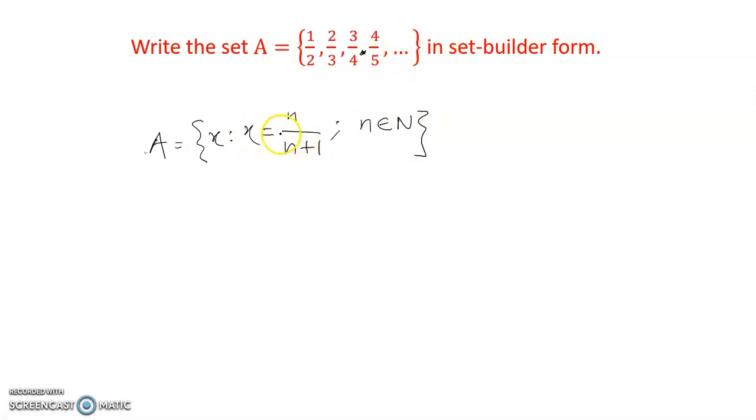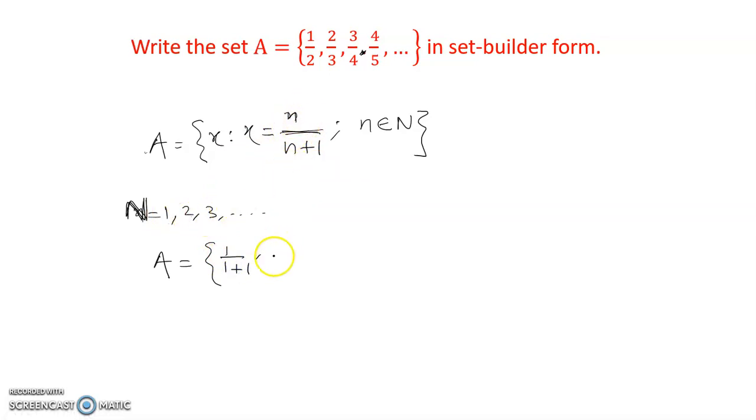You can cross check it by putting n equal to 1. So what are natural numbers? I'm writing it again: natural numbers are 1, 2, 3, and so on. This is represented by capital N. If you are trying to write set A here, replace small n by 1. So 1 upon 1 plus 1 is the first element.